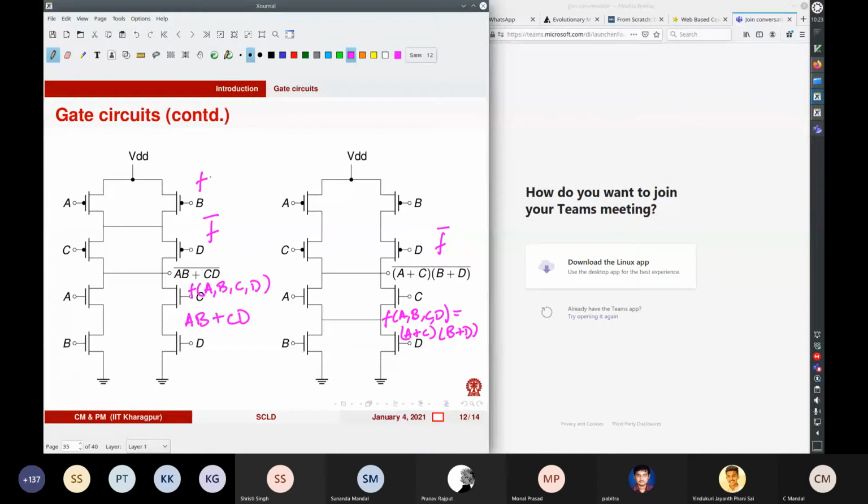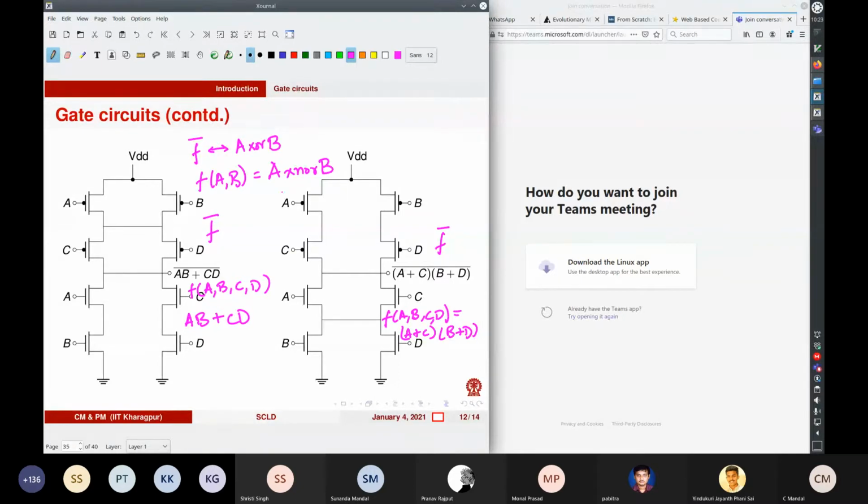Let F be A X naught B. So what you will be realizing is F bar, that is A XOR B.